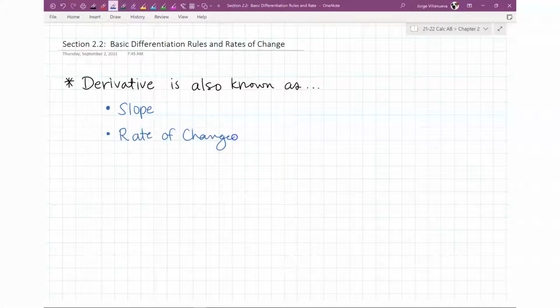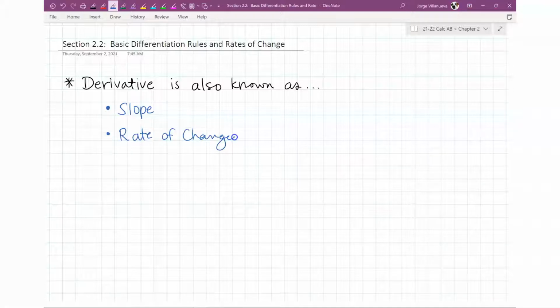Now, there's a whole bunch more. There's optimization, relative extrema, local extrema, absolute maximum. There's related rates. There's maximums and minimums. Tons of other terms that we're going to learn throughout the year that mean take a derivative. Okay, but for now, we'll start off with these two.